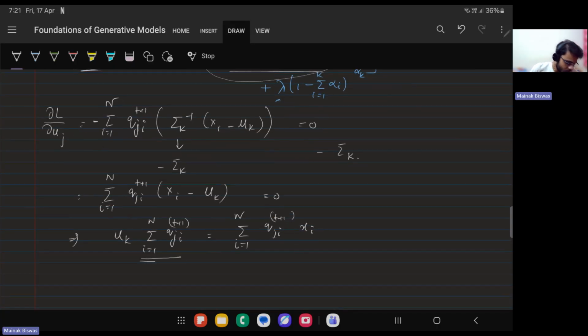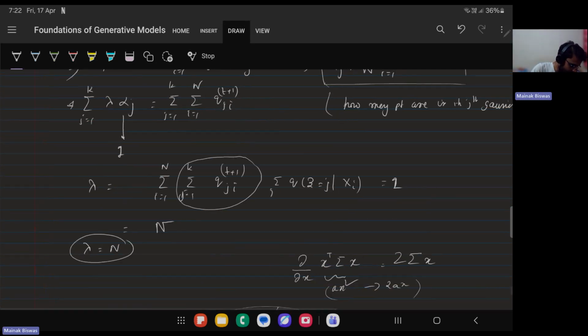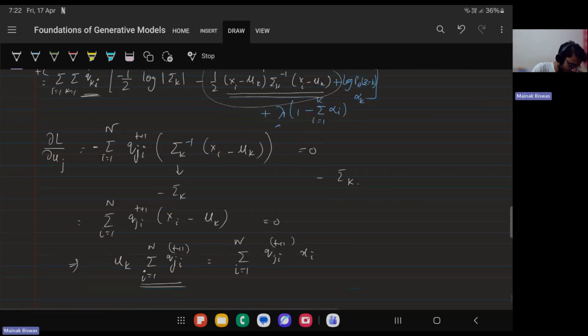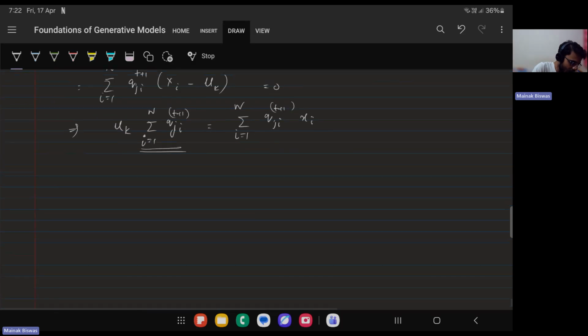And what is this value? We've already found this for I equal to 1 to n. Look at this from the Lagrangian multipliers. We have already got that. So this is the summation over all I equal to 1 to n.